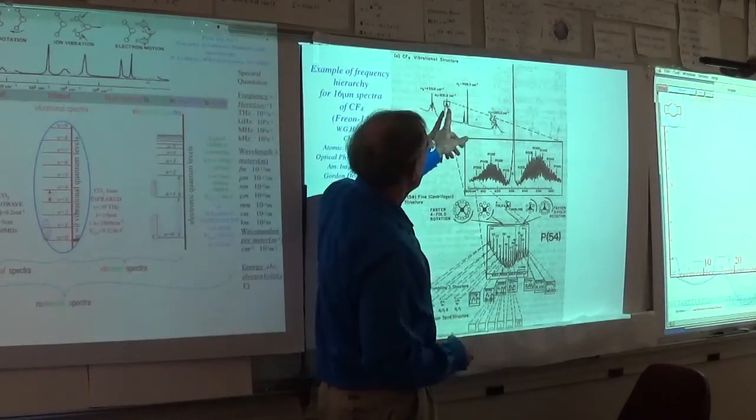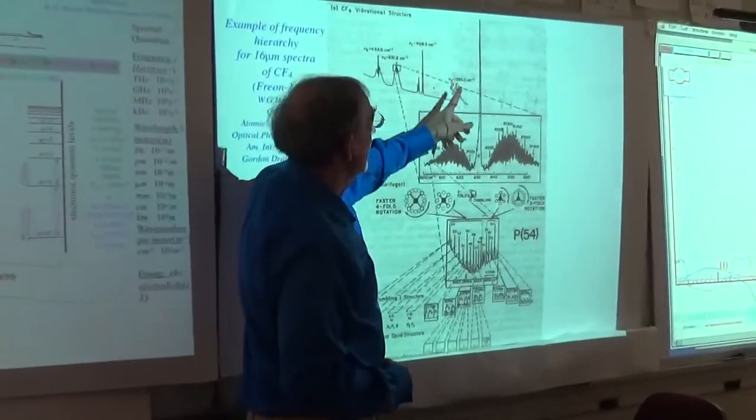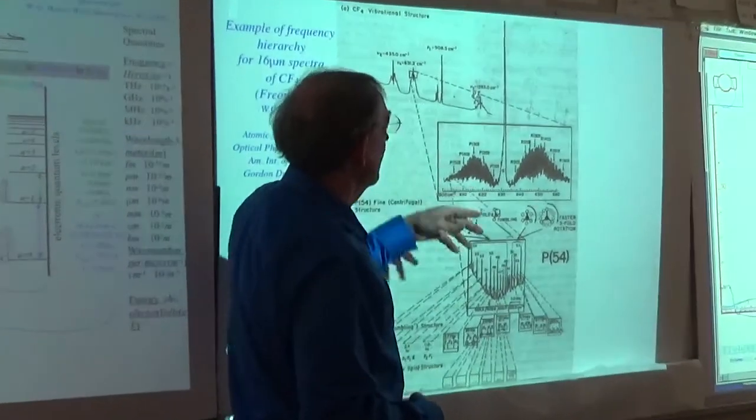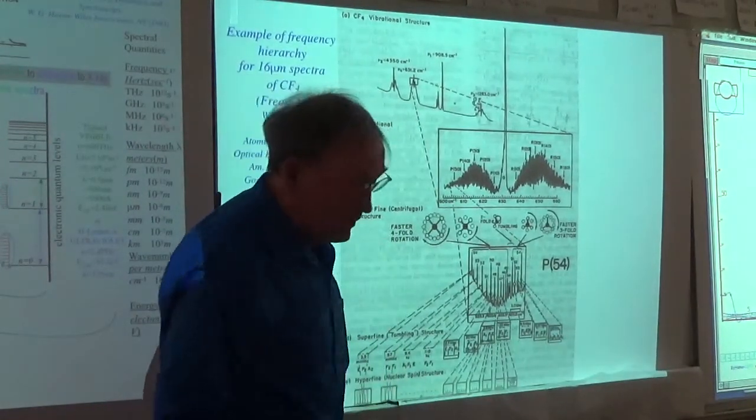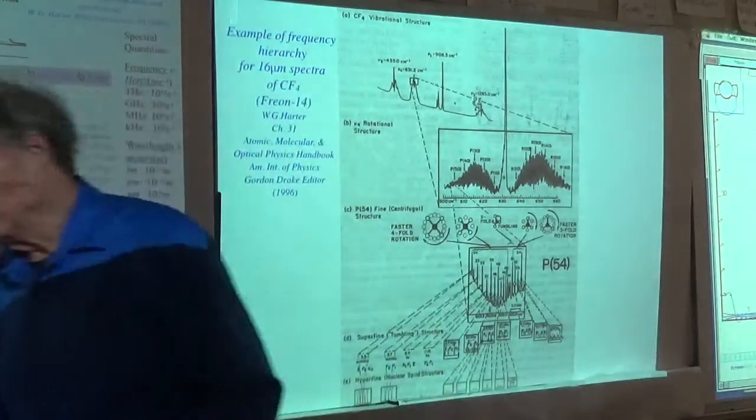These are several different vibrational excitations, fundamentals they're called. They're an excitation from the ground state to a vibrational level above the ground state.